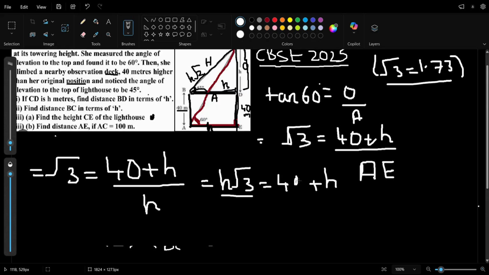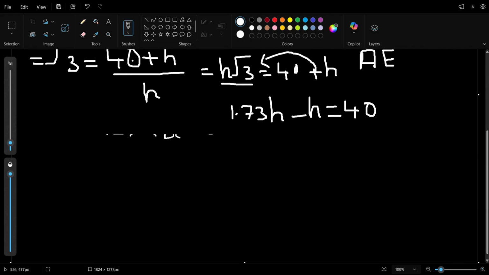Now let's find root 3. So 1.73 H. Now this plus will become minus, so minus H is equal to 40. Okay.